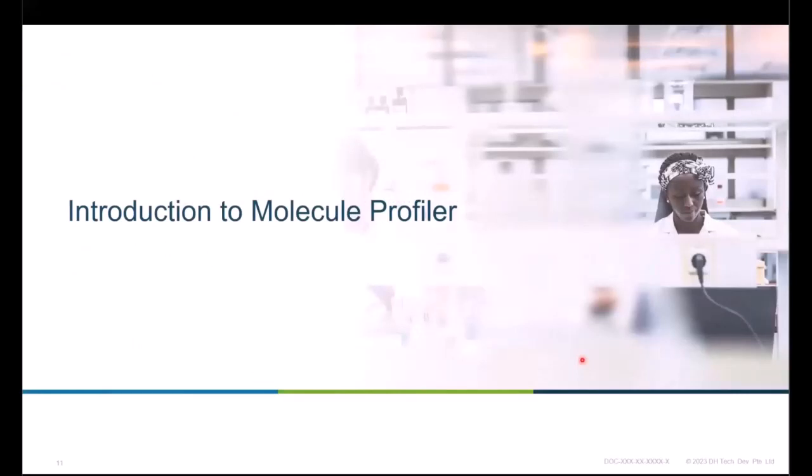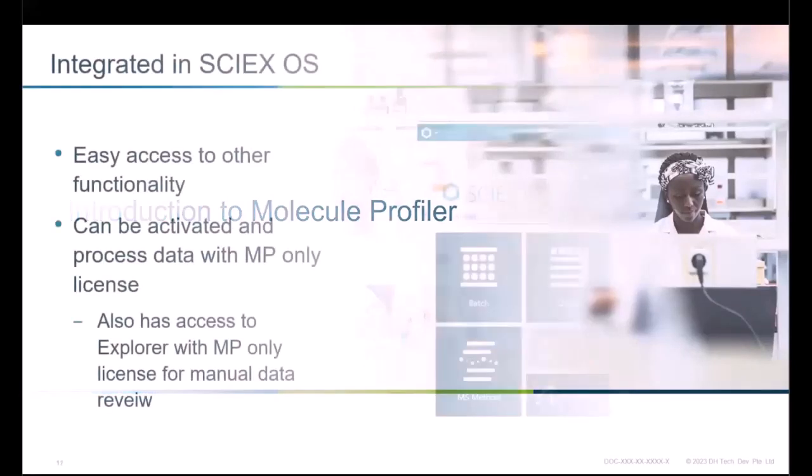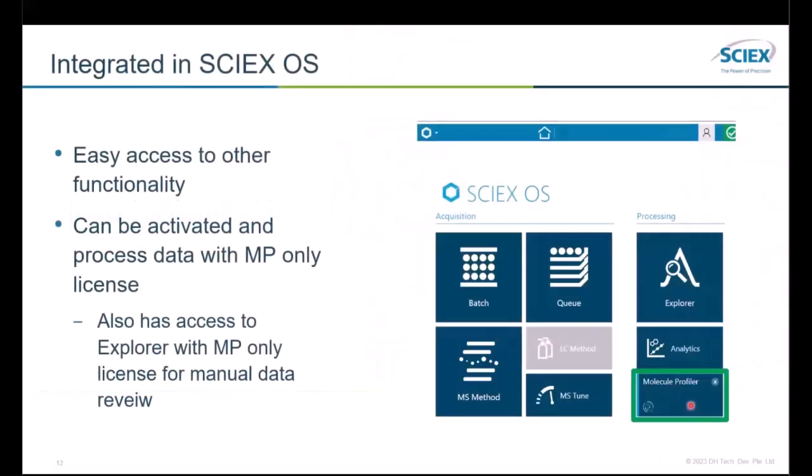Moving to the software part, the data processing part, right? We have the Molecule Profiler software that helps you identify and characterize your drug metabolites. It is an integrated SCIEX OS software, which can be activated to process data with the Molecule Profiler license. SCIEX OS is used for acquisition and data processing for your XenoTOF 7600 system or any QTOF system from SCIEX.